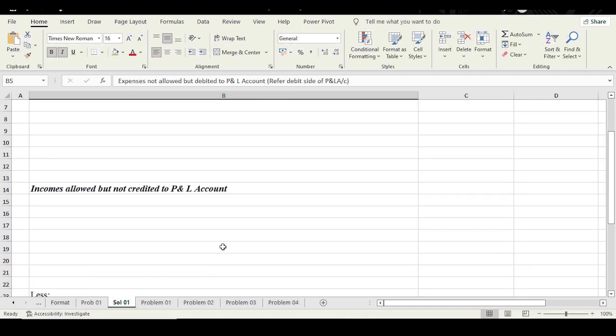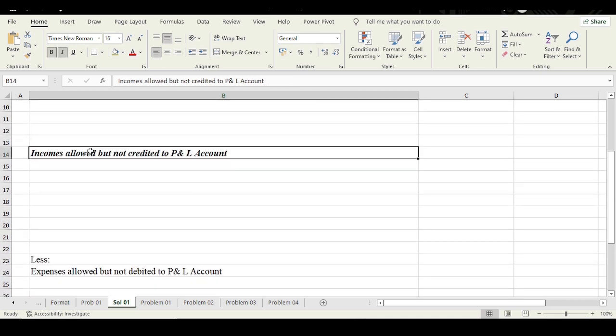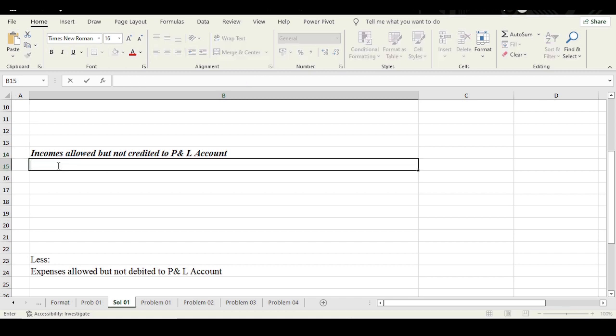So where will we write this? It will be incomes allowed but not credited to P&L account. So recovery of bad debts.